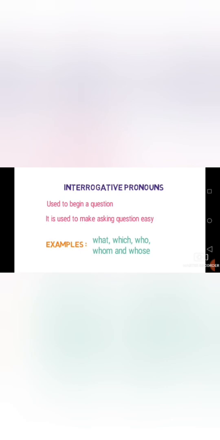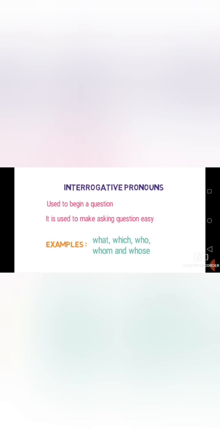Now students, a question arises in your mind: before this I told you what, which, who, that are relative pronouns, and now I am saying that who, what, which, whom and whose are interrogative pronouns.